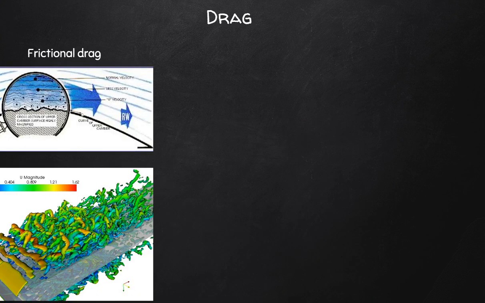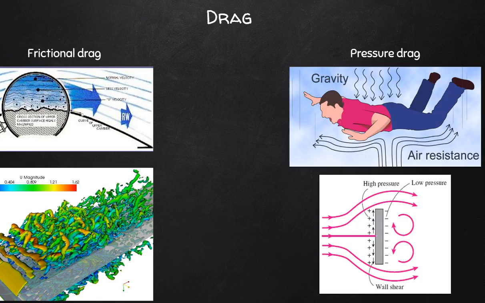Now, drag occurs due to two main physical interactions of the fluid with its surroundings, namely frictional drag, which is due to shear stresses that are experienced by the fluid flowing across a solid surface, and also pressure drag, due to the onset of a pressure gradient that is induced for the fluid in the presence of some solid surface, based on the solid surface's orientation.